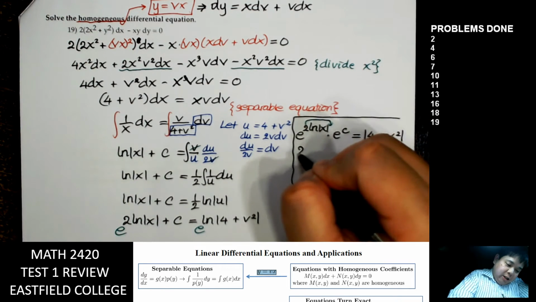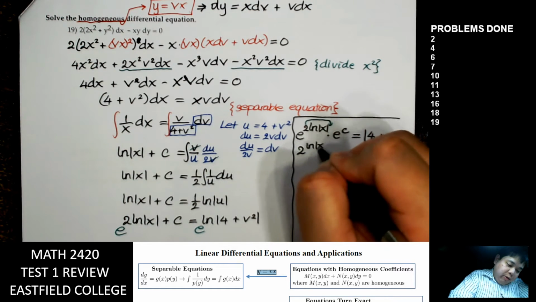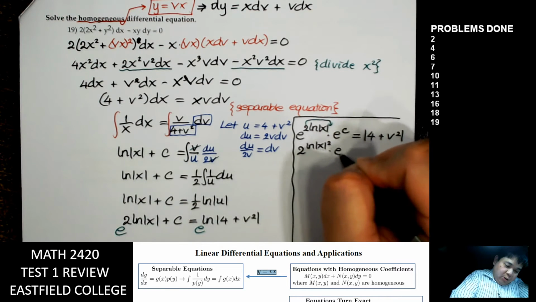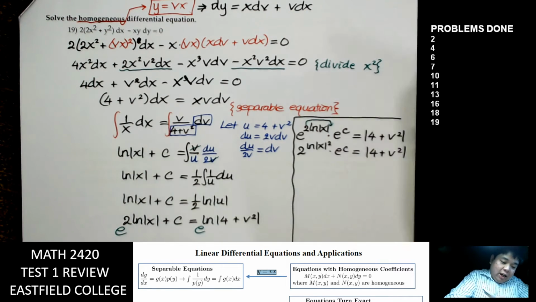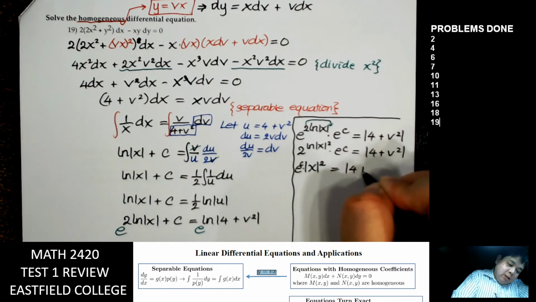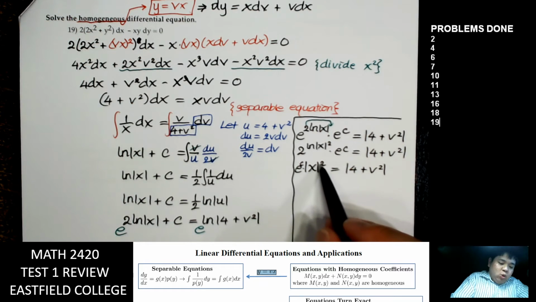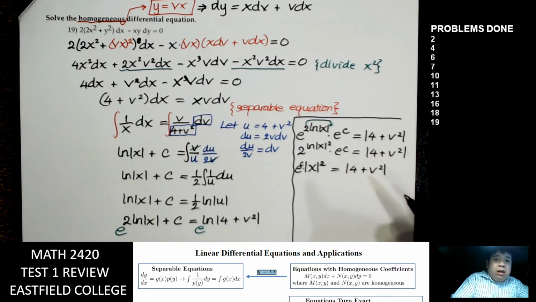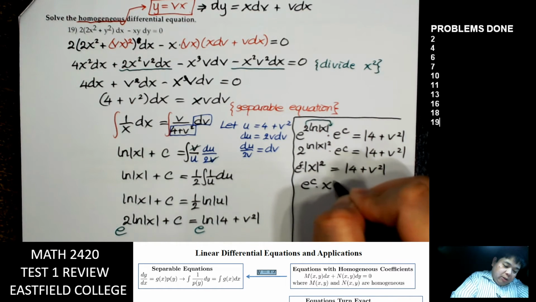So I have e to ln of absolute x squared times e to the c equals absolute value of 4 plus v squared. E and ln cancel, we have absolute x squared. Let's put e to the c in front of it. By the way, the square guarantees it carries the positive sign, so we just have e to the c x squared.